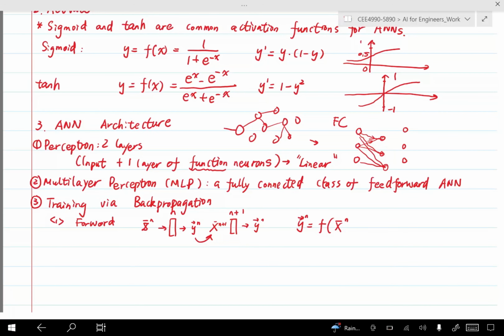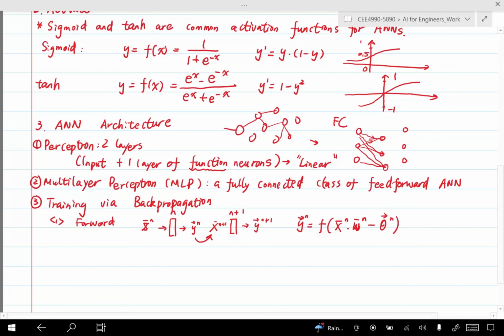For the model for layer n, we have a dot product between this one and w. One whole layer is not a vector anymore, it's also a second order tensor, minus theta. For one neuron, we have one theta, one threshold. But for one layer of neurons, we would have a vector, usually a row vector. Here's n plus 1. So this is the forward one.